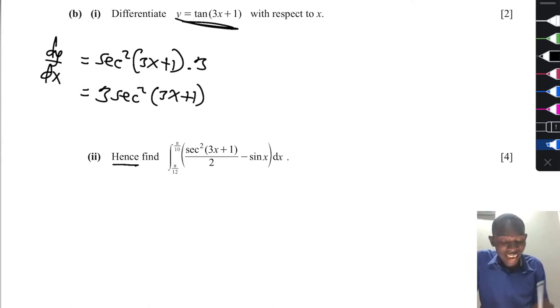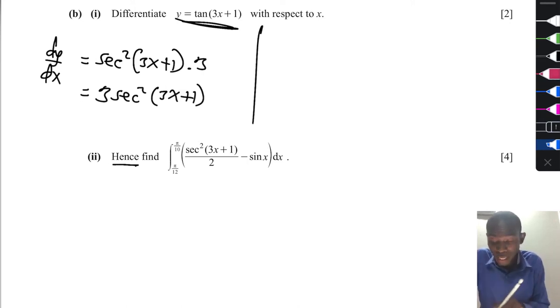And now they said "and hence". The "hence" there means that this particular question that you're about to solve is highly related to the previous one. So don't just see it and say, oh God, what do I do? Go back to the previous one, part i, and there's a link there. Now I want to write something really obvious.